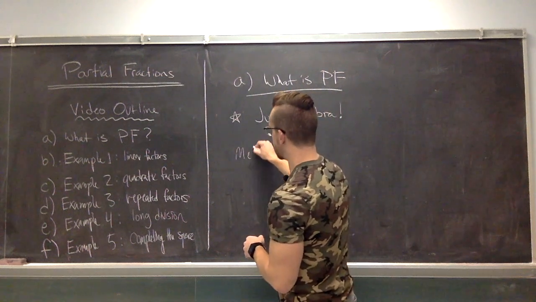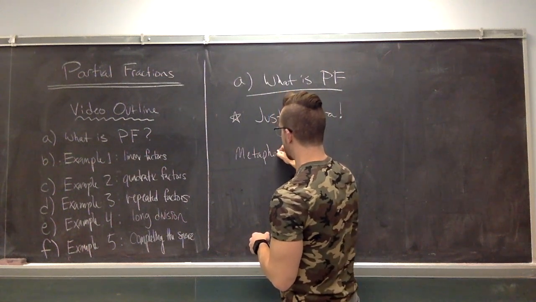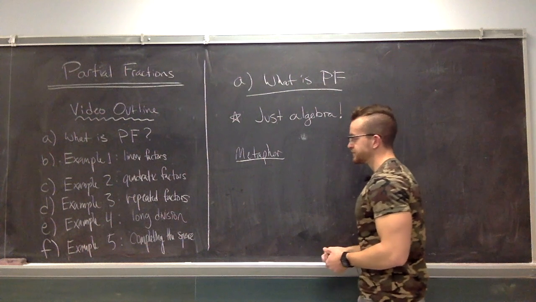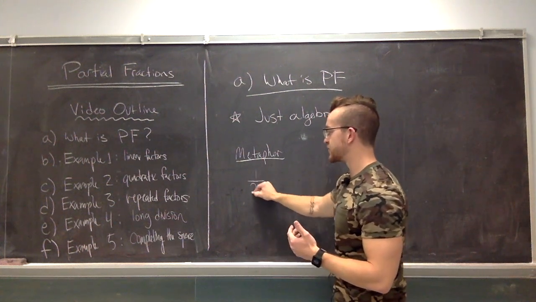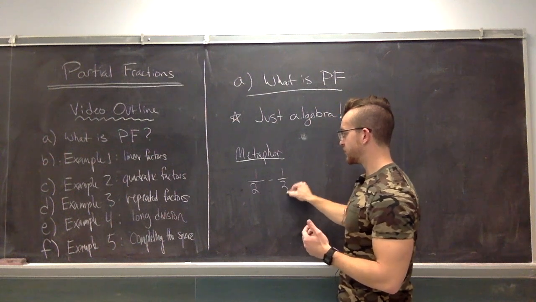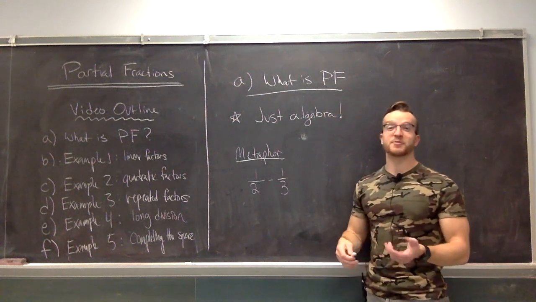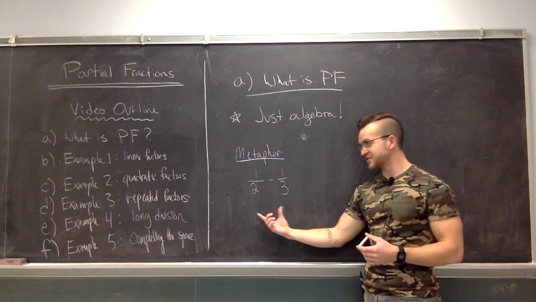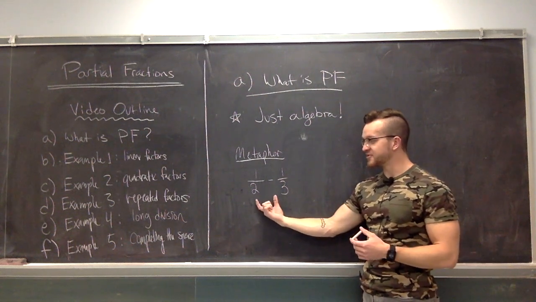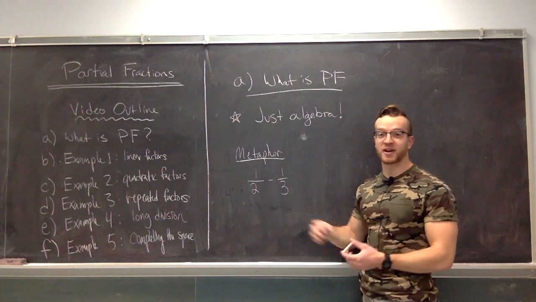Suppose I walked up to you and I gave you the expression 1/2 minus 1/3, and I said simplify it as much as you can. No problem. We know how to add fractions together. If I wanted to add these two fractions, what would I do? I would find a common denominator.